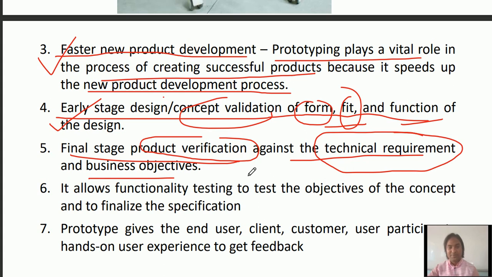These can be the parameters for the verification of the water filter. And then business objectives, like whether it is economical to produce, how much needs to be produced for monetary benefit, and what the customer feedback would be. That can be tested here.